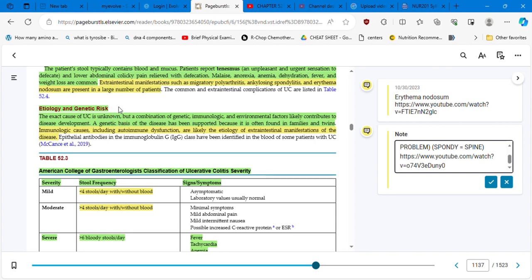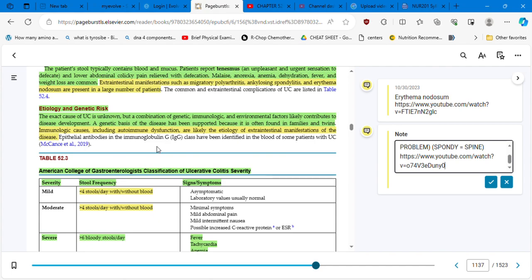Etiology and genetics. The exact cause of ulcerative colitis is unknown, but a combination of genetic, immunologic, and environmental factors likely contributes to disease development. A genetic basis of the disease has been supported because it is often found in families and twins.